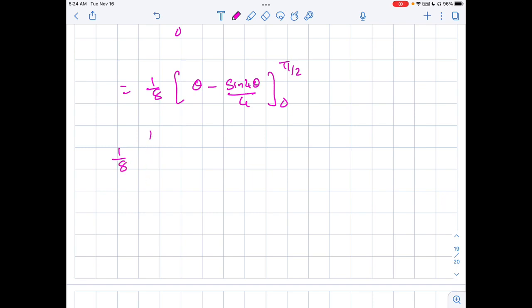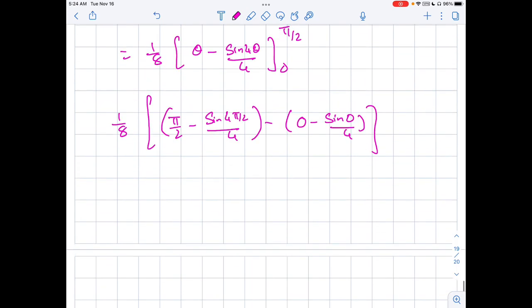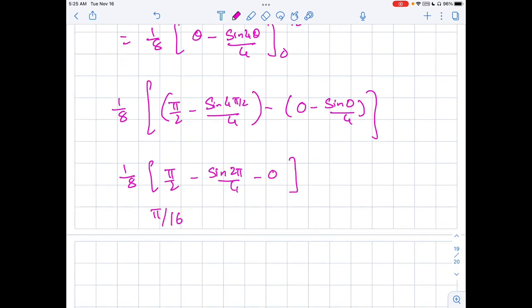Substitute pi by 2: pi by 2 minus sine 4 pi by 2 by 4, minus substitute 0: 0 minus sine 0 by 4. So it becomes 1 upon 8 times pi by 2 minus sine 2 pi by 4 minus 0. Sine 2 pi is 0. So the answer is pi upon 16. That's going to be the answer. That completes the paper. See you in the next paper.